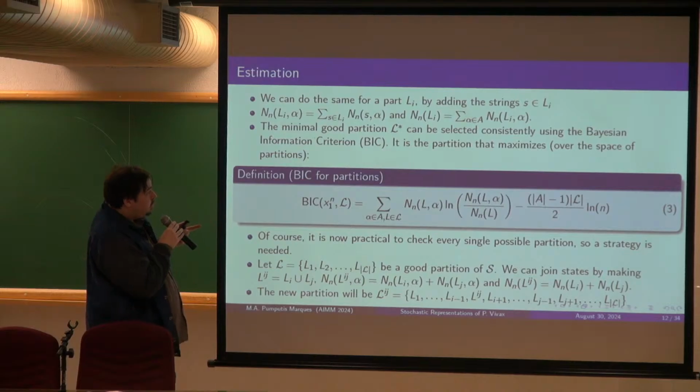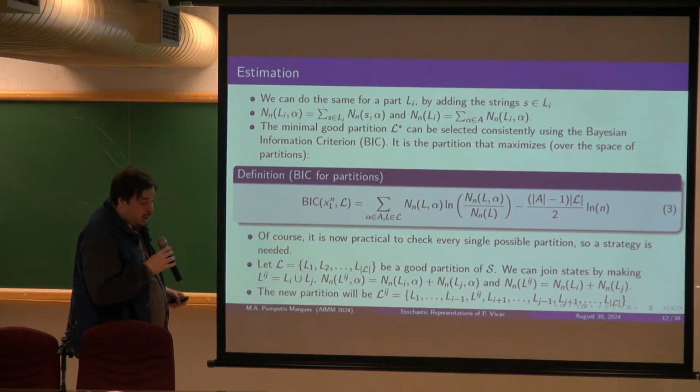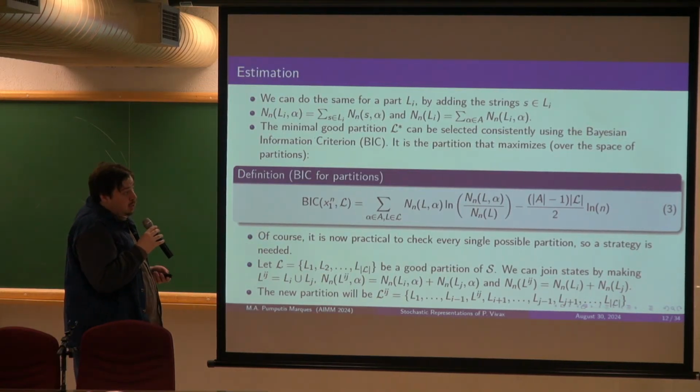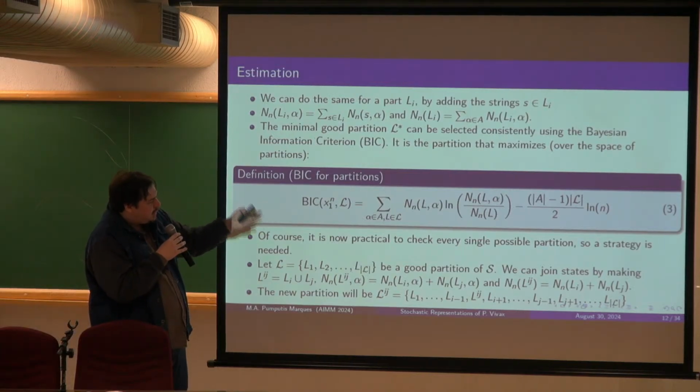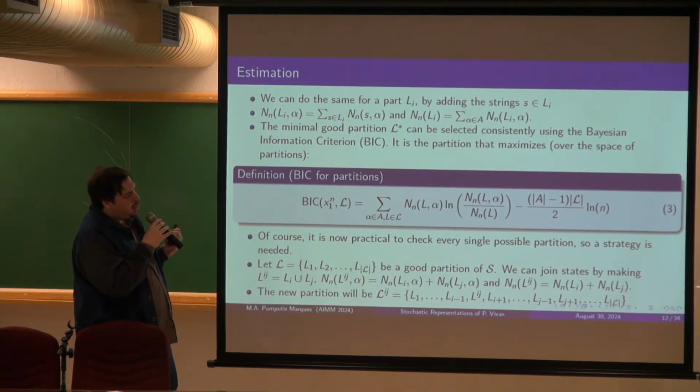It is the partition over the space of all partitions that maximizes this equation here, equation 3. However, the partition space is very, very large. So we cannot test every single partition, calculate the BIC and see which one is the best. We need a strategy to do that, right?